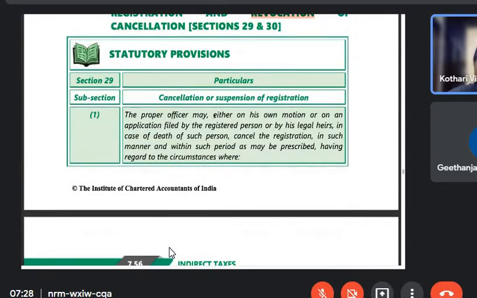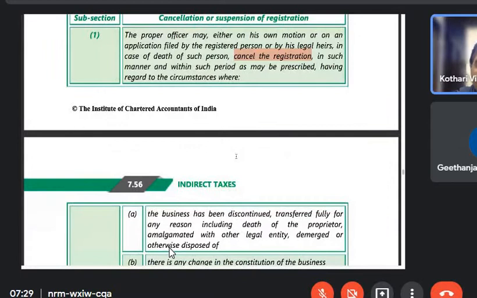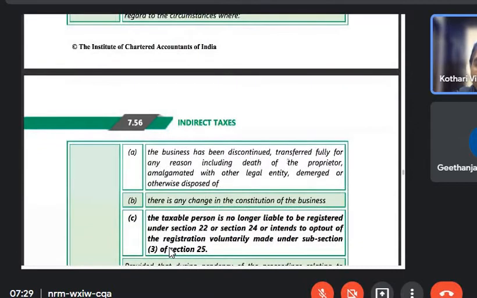The proper officer may, either on his own motion or on an application filed by the registered person or by his legal heirs in case of death of such person, cancel the registration in such manner and within such period as may be prescribed, having regard to the circumstances, where the business has been discontinued, transferred fully for any reason, including death of the proprietor, amalgamated with other legal entity, demerged or otherwise disposed of.